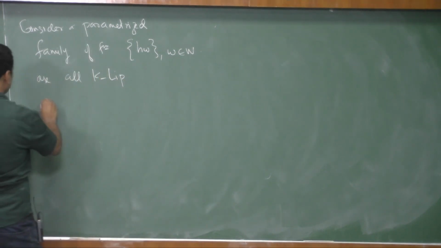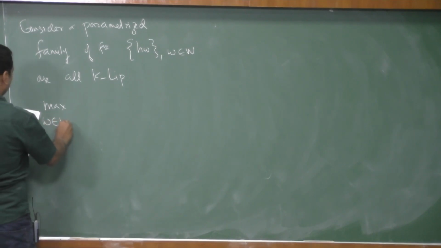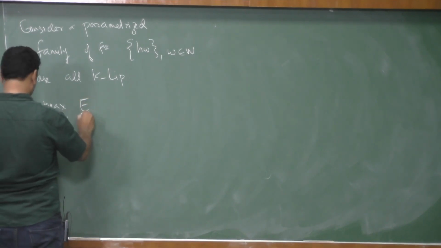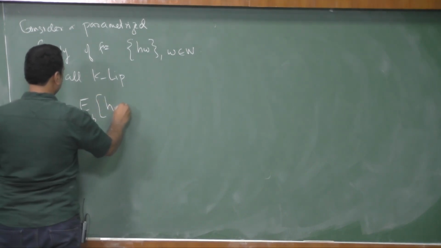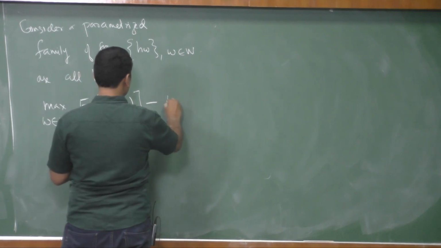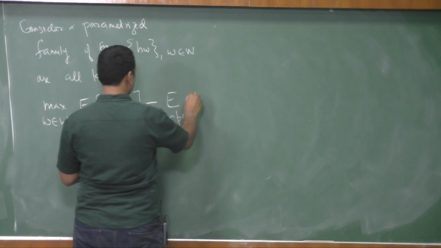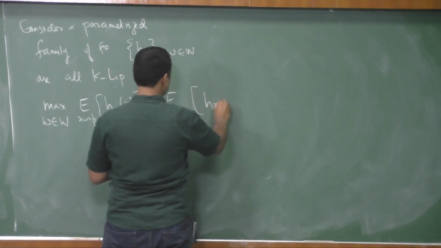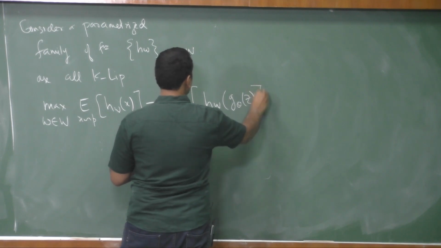So then the objective that we have is max over W in the weight set of the expectation of H_W(x), x in P, minus the expectation over Z ~ P_Z of H_W(G_theta(Z)).